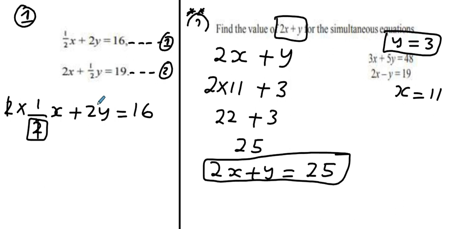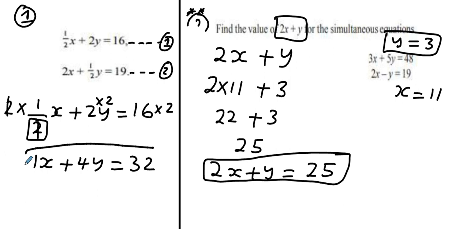And also you multiply by 2 here, and also by 2 here. So you multiply by the denominator throughout. So this will be 1x plus 2 times 2y is 4y. This equals 16 times 2, that is 32. So you have got your equation without fractions.